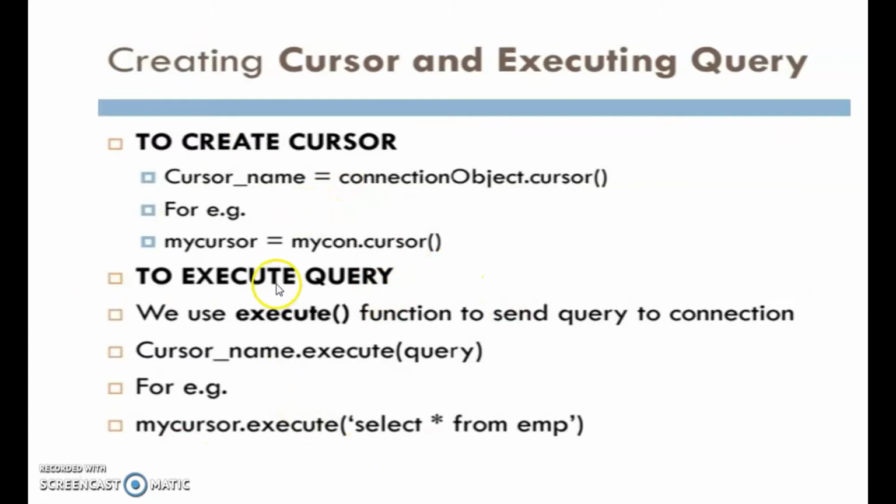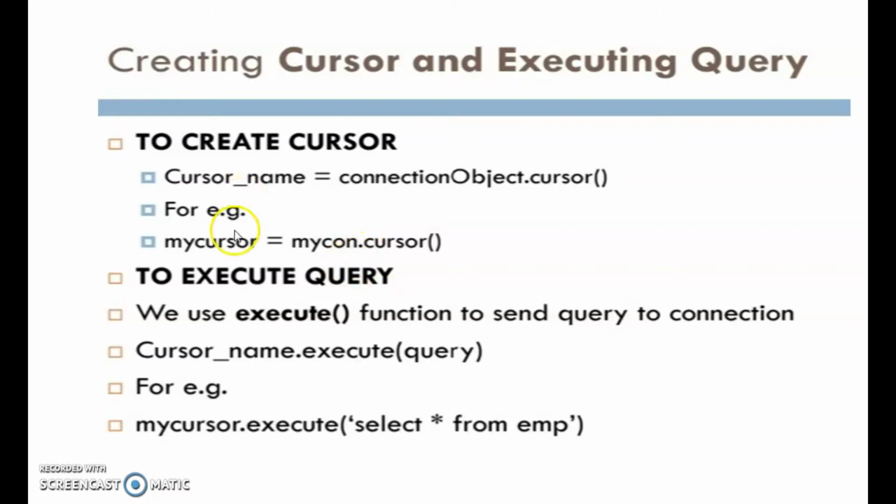So how to create a cursor? This is the method: cursor name is equal to connection object dot cursor. As per our example, our connection object is mycon, that is, mycon is equal to the connection we made.